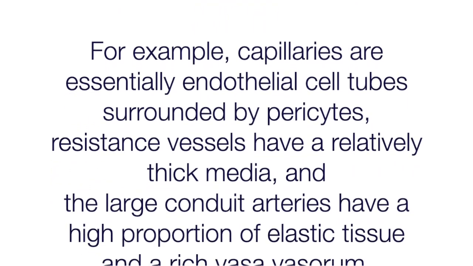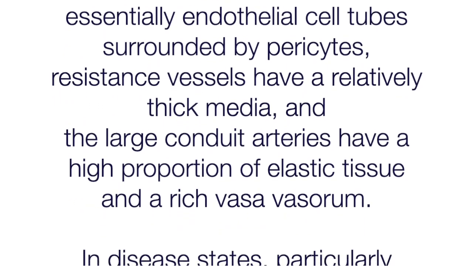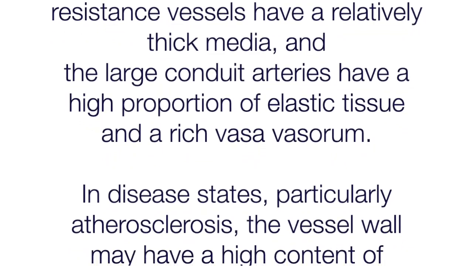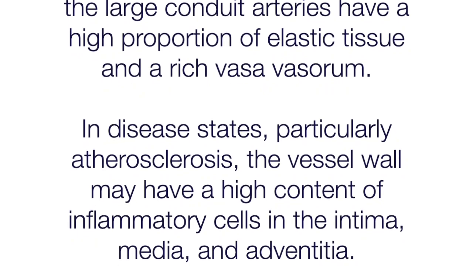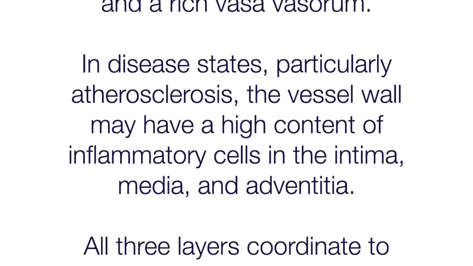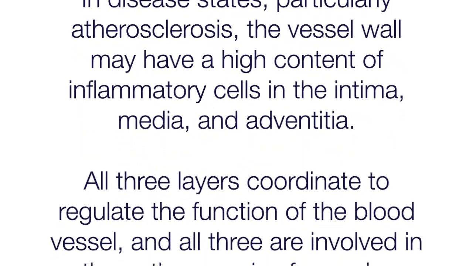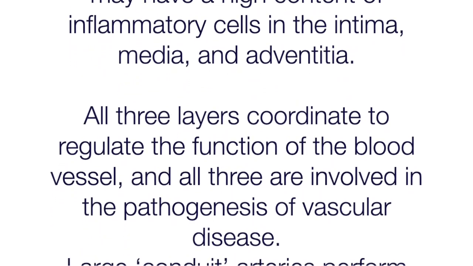Resistance vessels have a relatively thick media, and the large conduit arteries have a high proportion of elastic tissue and a rich vasa vasorum. In disease states, particularly atherosclerosis, the vessel wall may have a high content of inflammatory cells in the intima, media, and adventitia.